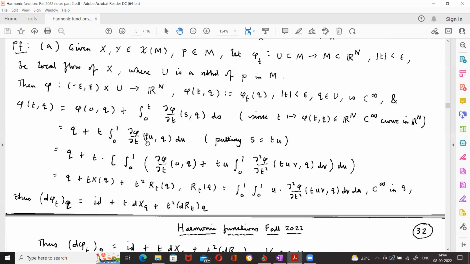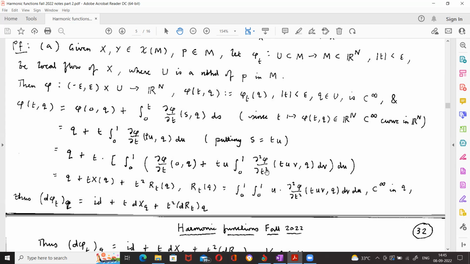Now this term inside, del phi del t of tu comma q, I write again using the fundamental theorem of calculus as del phi del t of 0 comma q plus an integral from 0 to tu of del squared phi del t squared of another variable.